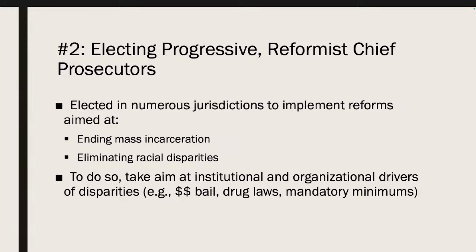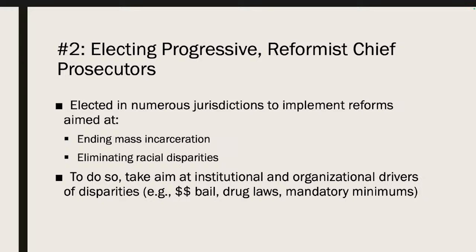And there's a whole bunch of mechanisms they use to achieve these goals, but some of the primary mechanisms are to institute broad policies that categorically decline prosecution for certain offenses, whether they're sex work, low-level drug possession, low-level theft. They try to move away from using cash bail. They're less likely to implement draconian sentences like mandatory minimums or the death penalty. And in these ways, they hope to achieve their two goals of ending mass incarceration and reducing racial disparity.